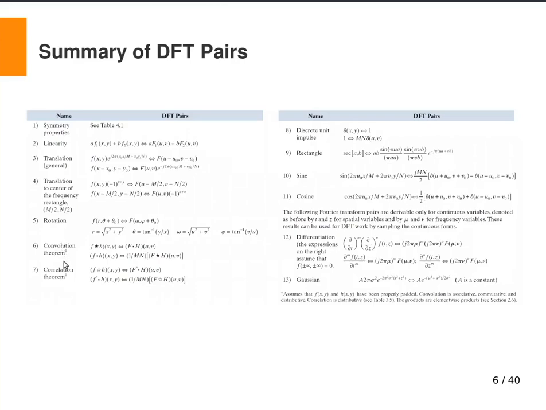Then we saw the convolution theorem, basically saying convolution in the signal domain is equivalent to multiplication in the frequency domain, and vice versa. The same is true for correlation too, but here it is a bit more tricky because we need to keep in mind that correlation doesn't have some of the nice properties of convolution, so it's a bit more complicated.